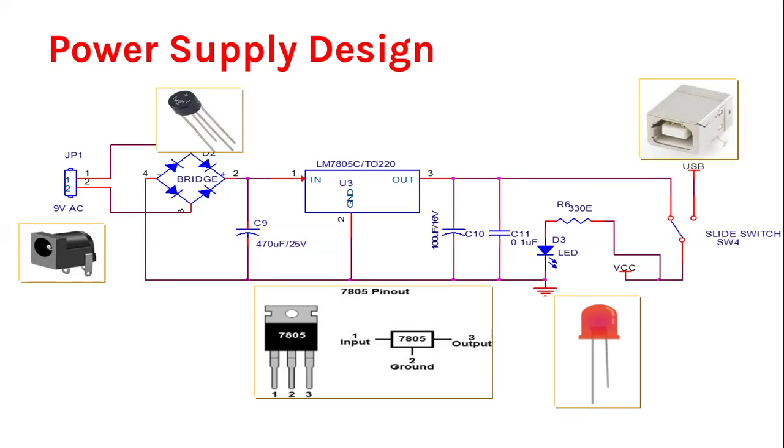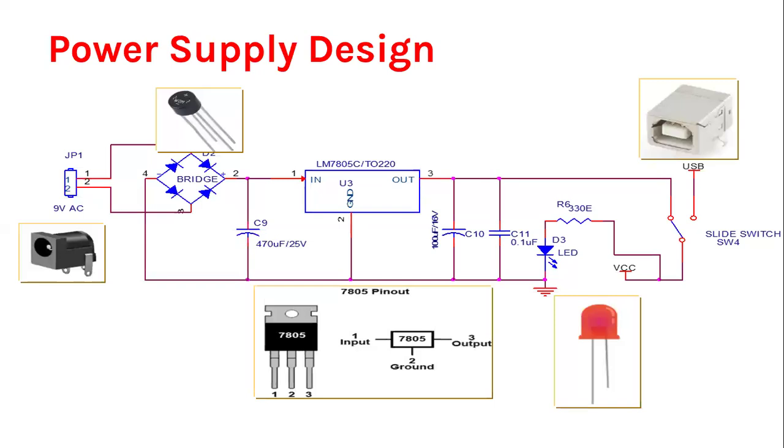The microcontroller pin is capable of operating at 5 volts. The pins we have are digital pins, used for digital operations. In digital operation there are two states, high or low, logic one and logic zero. In logic one, it gives 5 volts DC.